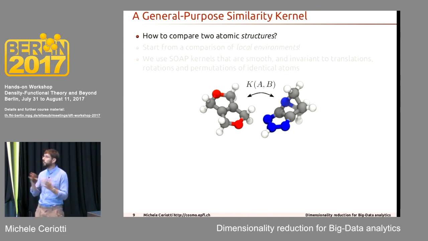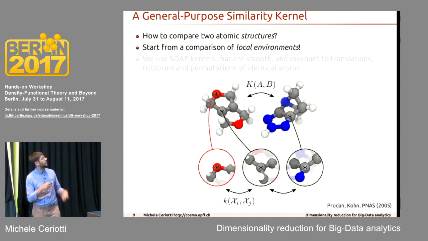So I really want a completely general scheme, and I think that one of the most effective ways to build something which is general purpose is to change the focus, and rather than looking at a way to compare structures, focus on a way to compare atomic environments.